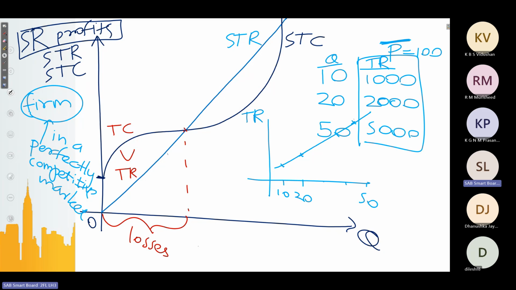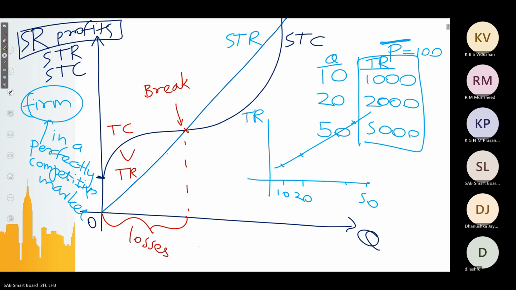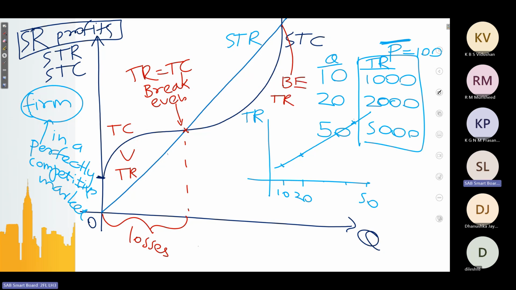At this point, it's a break even because total revenue and total cost are equal. Here also we have a break even. Total revenue and total cost are equal.